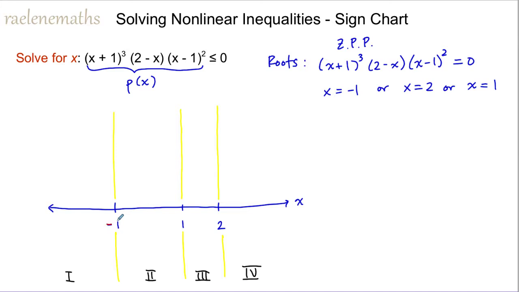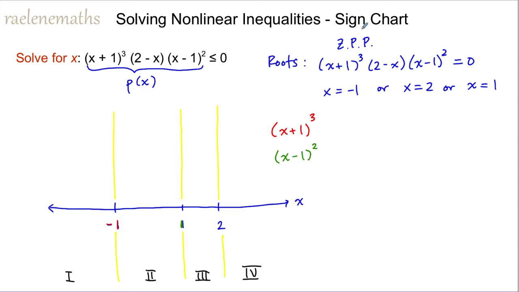Now for each root along the x-axis, I'm going to list its corresponding factor in a column. The factor that gave me the root of -1 is x plus 1, including the exponent of 3. So I'm going to list that factor first. Then I'm going to come up with the factor that gave me the root of 1, which was x minus 1 all squared. The exponents are important.